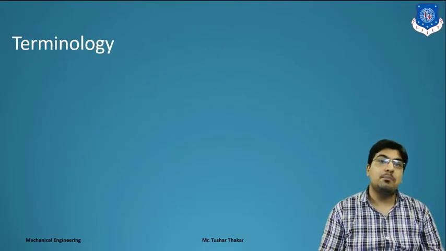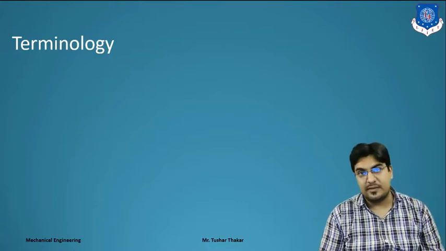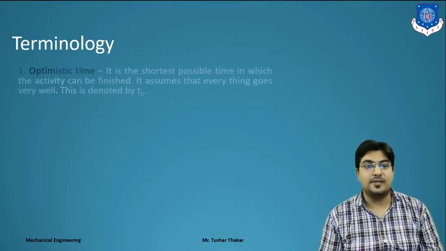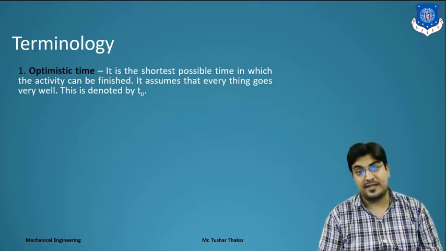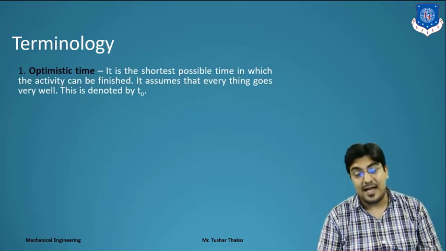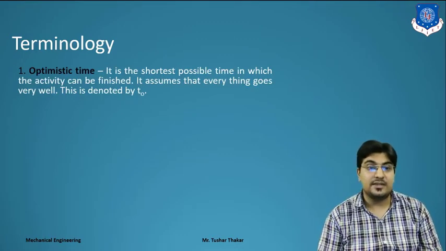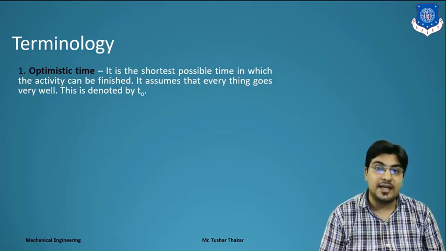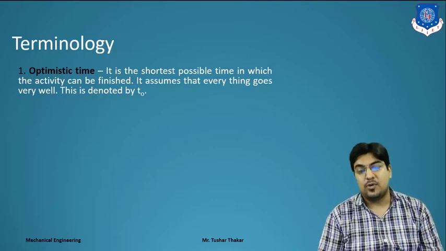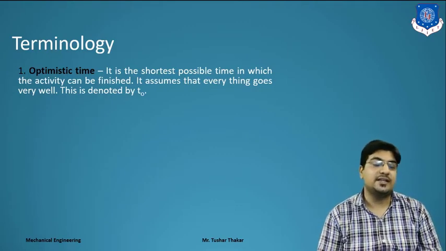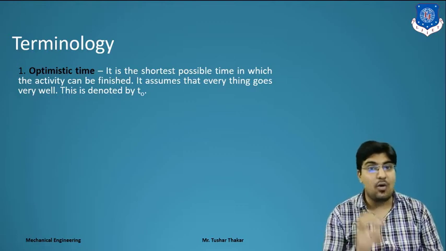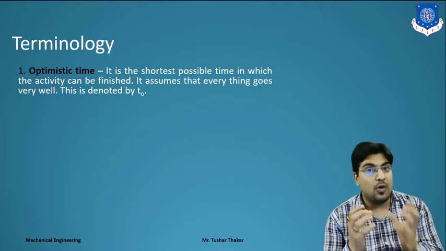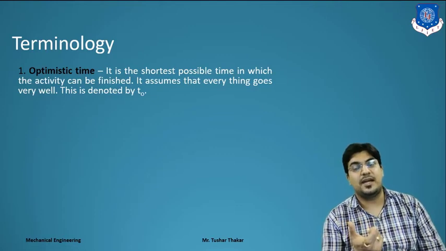Next, what is the main terminology for PERT? First is optimistic time, as we saw on the last slide. Optimistic time is the shortest possible time in which the activity can be finished. It is the optimum time.